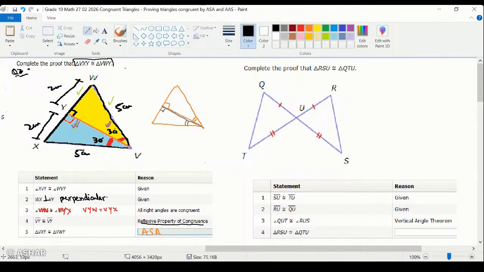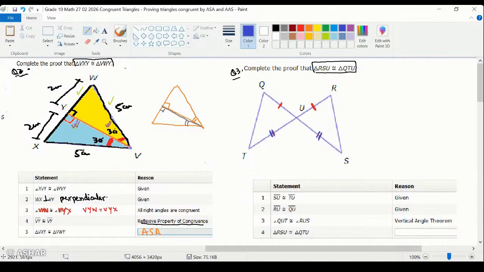For question number 3, we need to prove that these two triangles are congruent. We can see that this length is equal to this length, whereas this length equals this length, right? And we can see a shape similar to a butterfly, right?